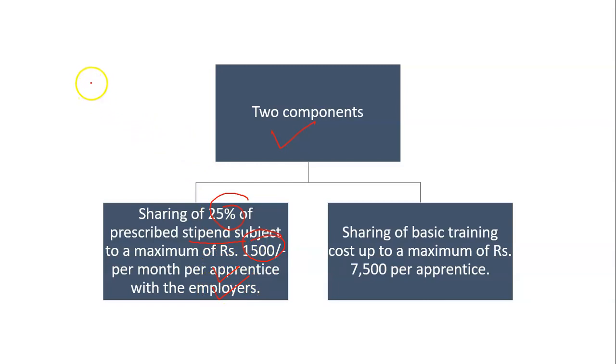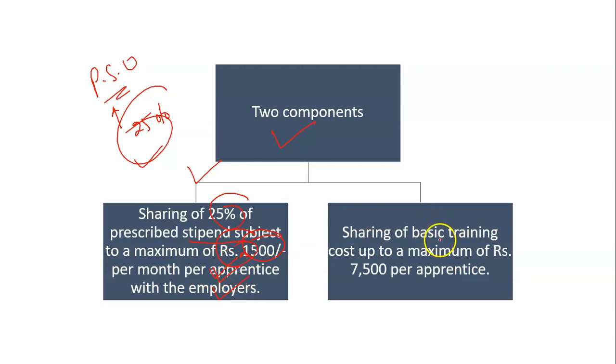For example, if anyone is doing apprenticeship under a PSU, then according to this component, the government will pay 25% of the stipend which is being given to the trainee, but with a maximum limit of rupees 1500 per month.